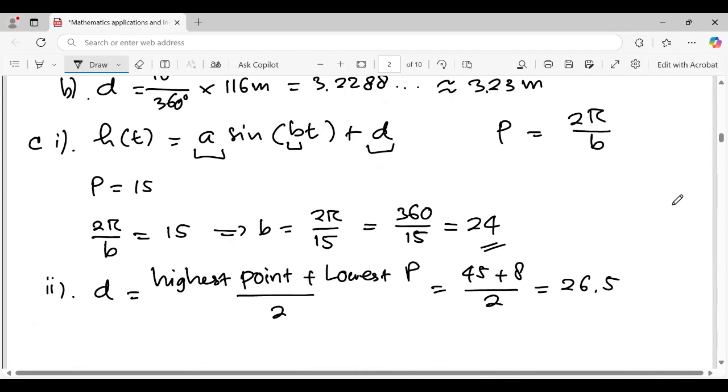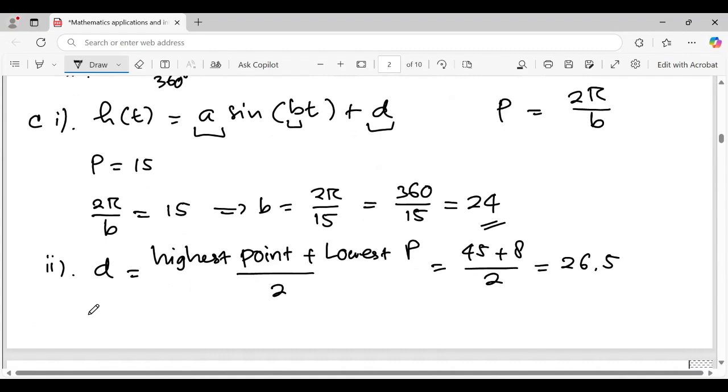So we have to determine first R, or the radius. Radius is 18.5, and the value of the radius is the value of A. Because this is the radius, A equals 18.5.